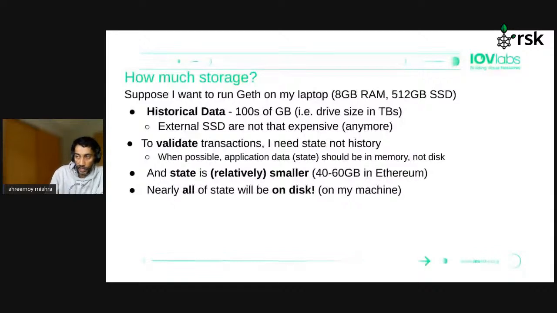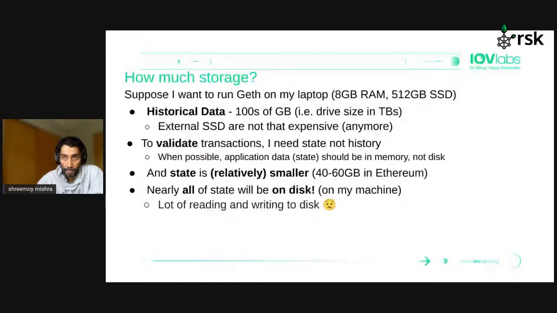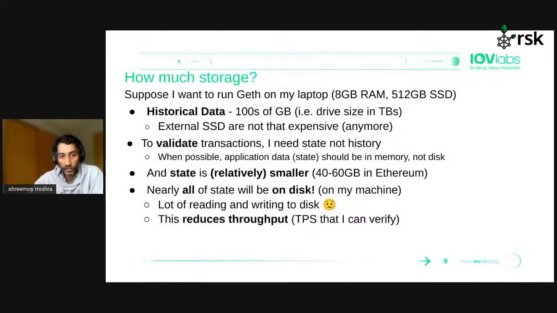But my PC only has 8 GB of RAM. And so that state is not going to fit in RAM. And I'm doing other stuff with my machine, not just running a Bitcoin node or a blockchain node. And so most of the state, this 40 to 60 GB on this machine, will be on disk, most likely on the external drive. And so to verify transactions, it's a lot of reading and writing to disk. So the limitations on transactions processed per second really boil down to the rate at which we can read and write to these disks.